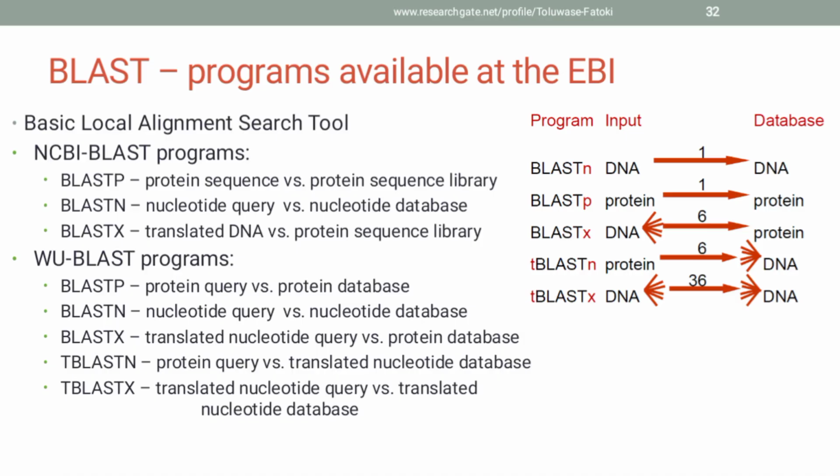Then T-BLAST N. With T-BLAST N, you use a protein sequence to query a translated nucleotide database. So in this particular one, we query the translated nucleotide using the 6 open reading frames.